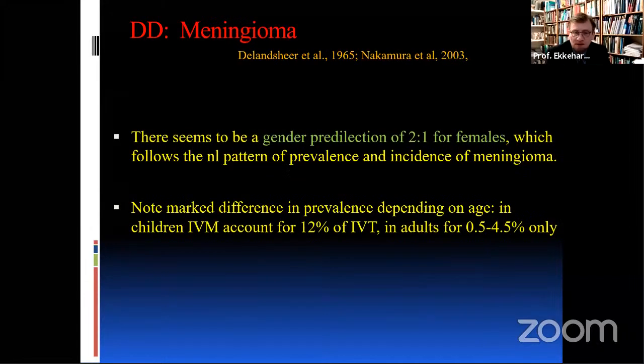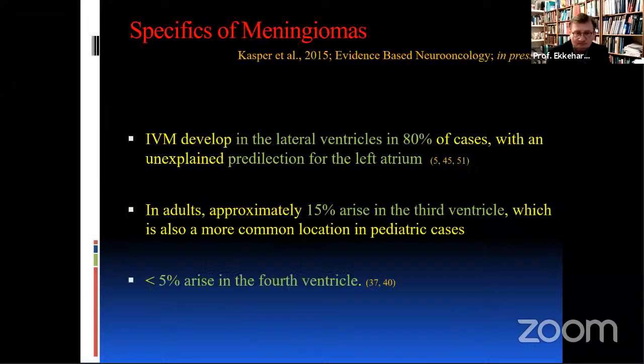Of those reported in the literature, there seems to be a gender predilection for females, which is not different from the general population. And you just need to think about that the pediatric population has more intraventricular meningiomas than the adult population. They do develop largely in the lateral ventricle with 80% of the cases, and the ones in the third and fourth ventricle are rare events.